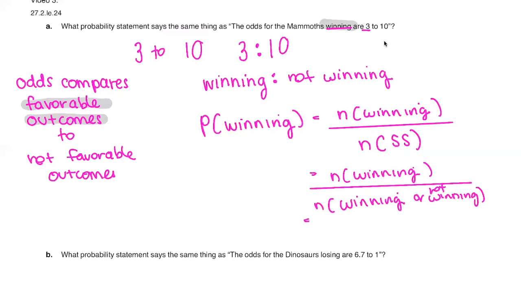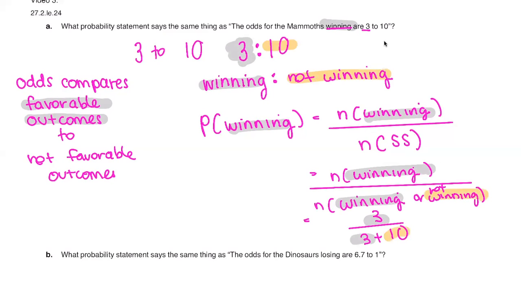So we win 3 times and everything else, well, winning is 3, or means to add, and not winning is 10. Let me highlight for clarity. Winning is 3 compared to not winning is 10.